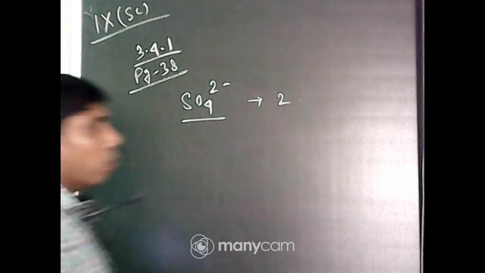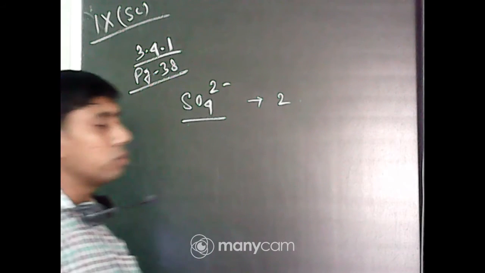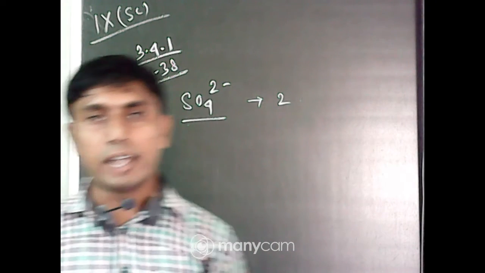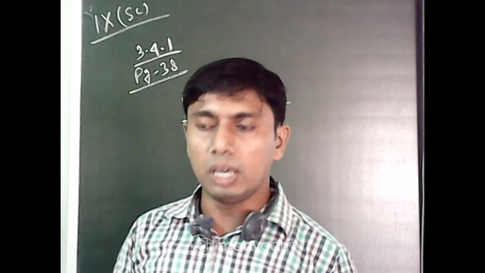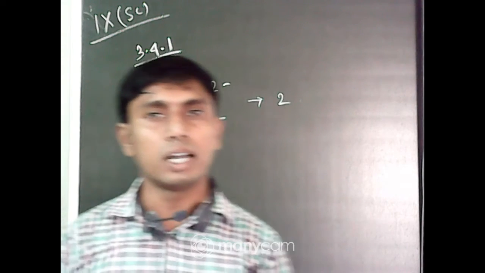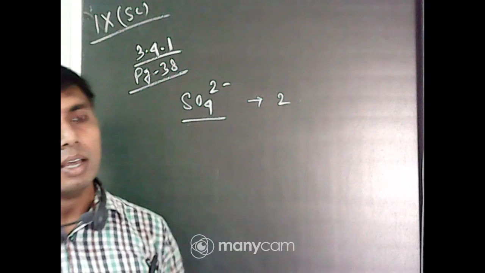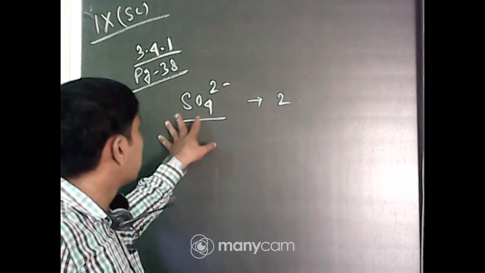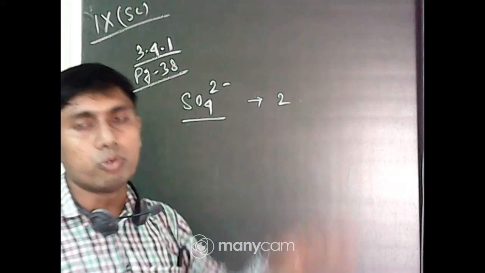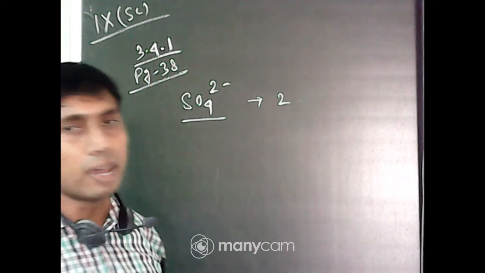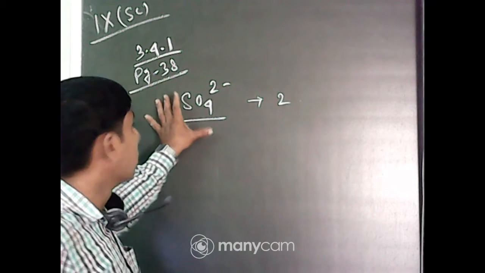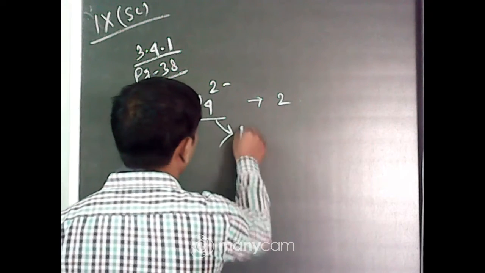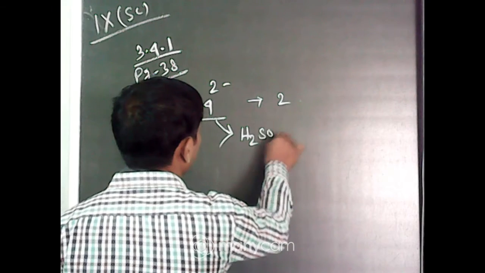When you have any confusion regarding the valency, first of all just think about one compound containing that portion, the portion for which we are detecting the valency. Now I am thinking about sulfuric acid.